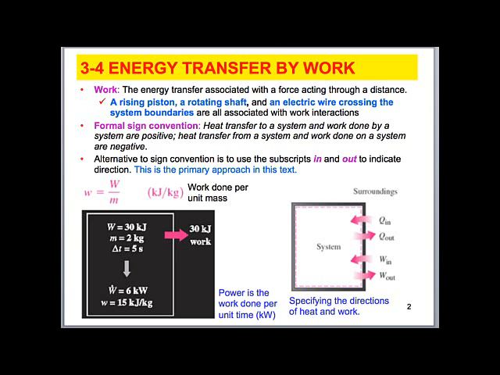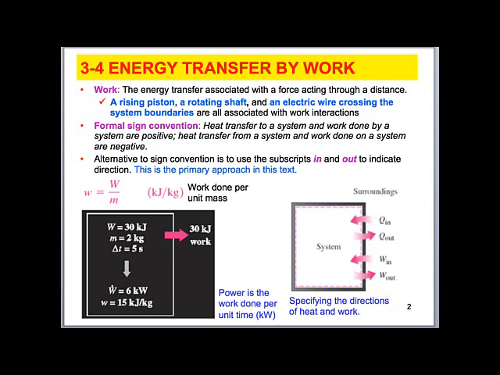What I'm going to use, because of the way I learned it, in our examples, is that when heat is transferred to a system and when work is coming out of a system, we're going to consider that positive. When heat is transferred away from a system or work is put into a system, we're going to call that negative. Alright? And we'll practice those as we go along.